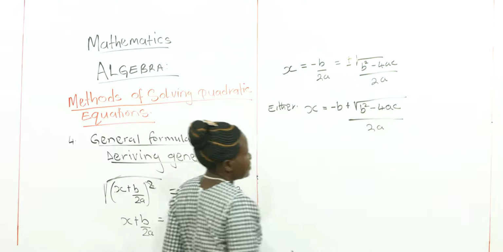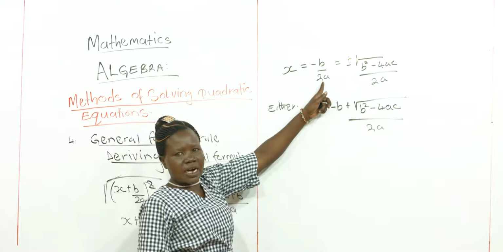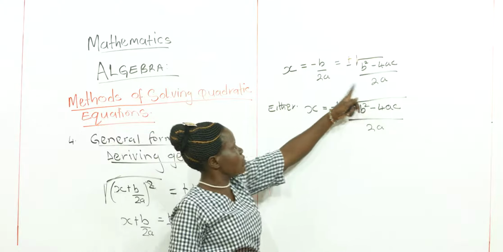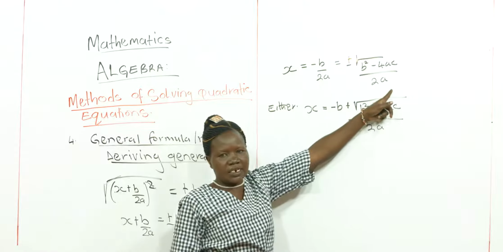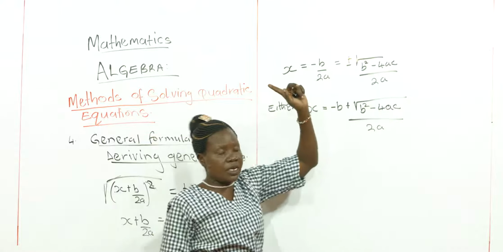My dear learners, you may wonder, why have I left this 2? Because when we look at both sides, we find that the denominators are the same. We have 2a and then 2a, so we take only 2.